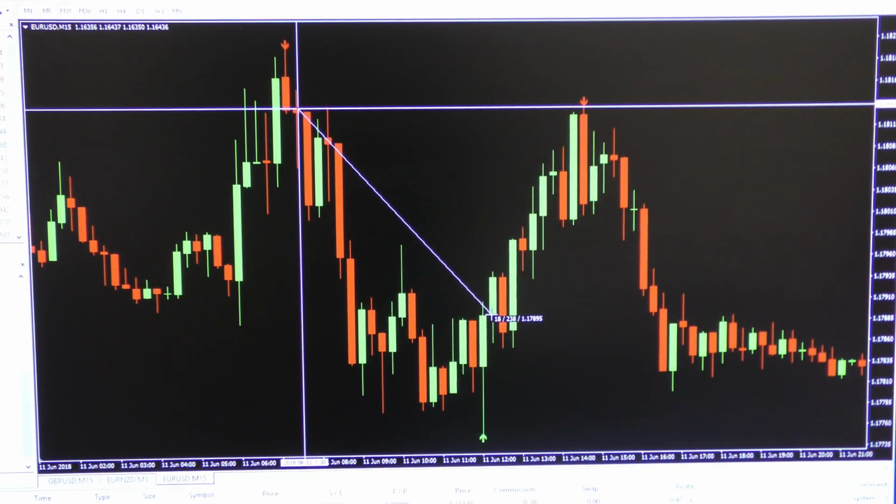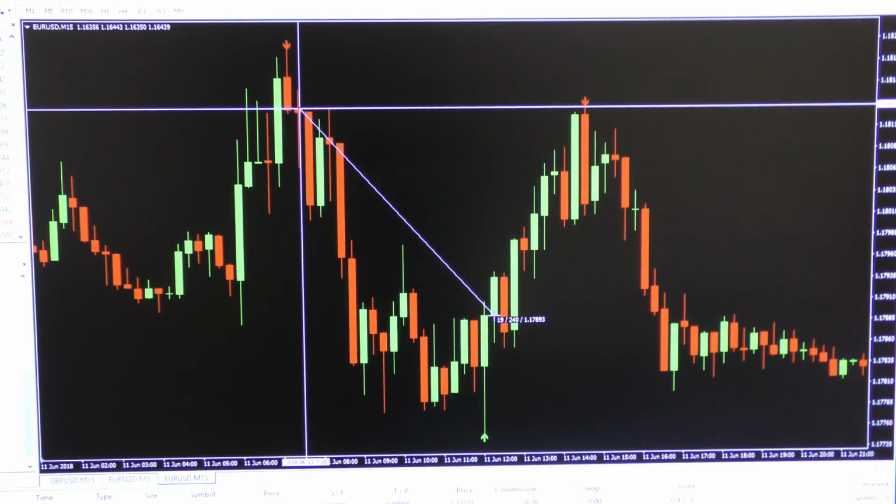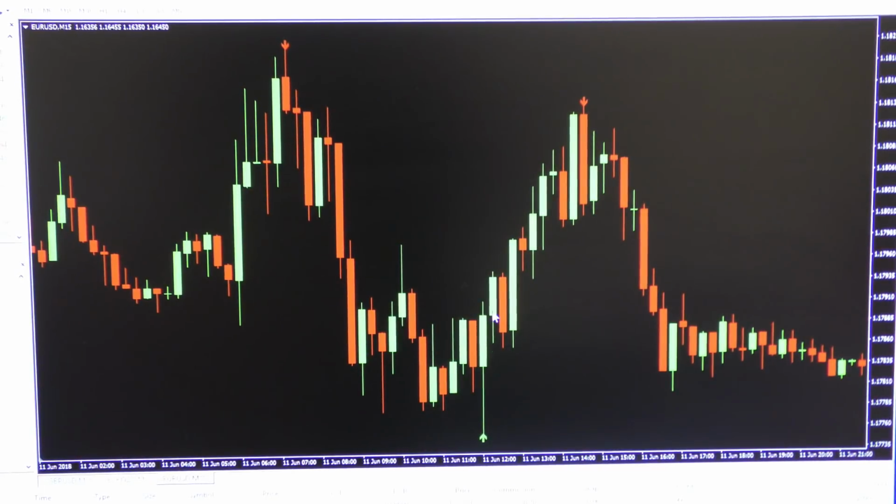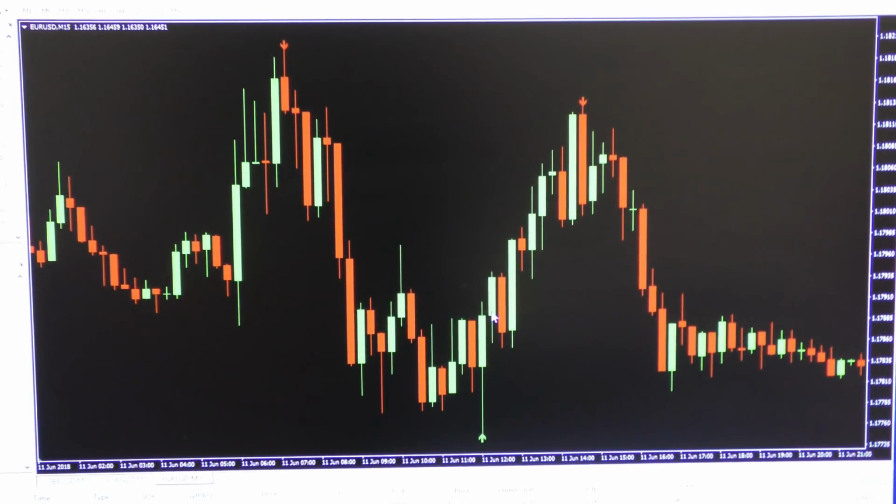So you get out here. So you get 24 pips profit. So the date is the 11th of June, which was Monday, last Monday. So let's see how much we make since Monday. So it's the 24 pips. So I will write down here 24 and I will keep adding them.